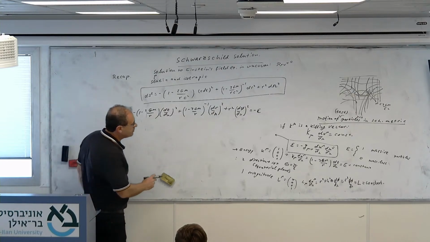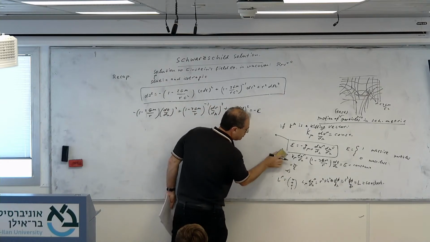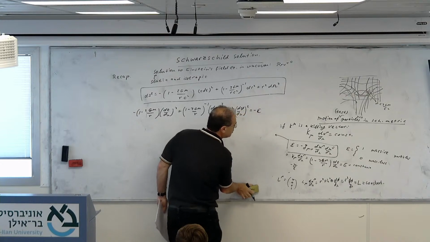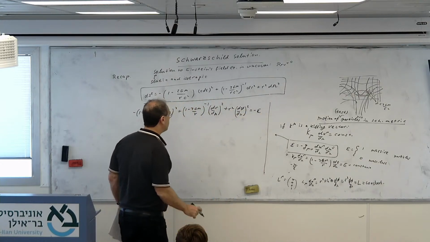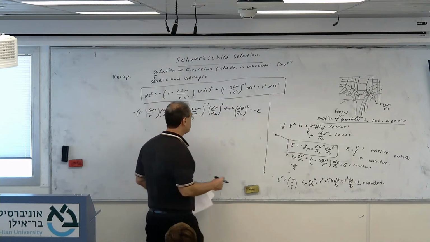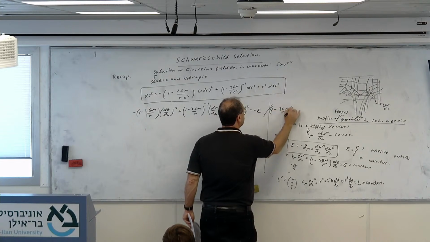That's not bad. Now I'm going to multiply that by 1 minus 2GM over r.